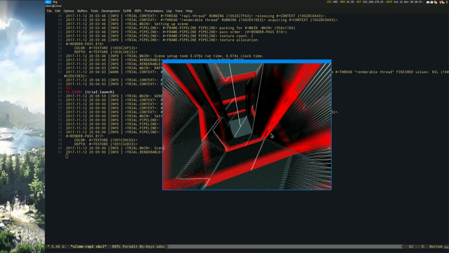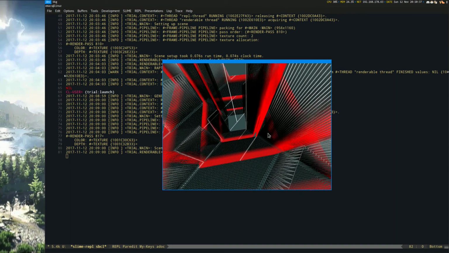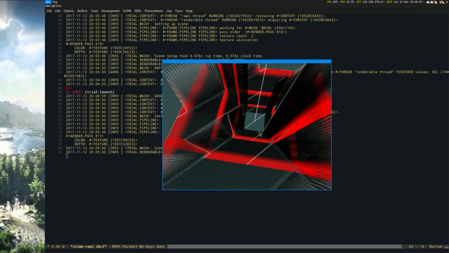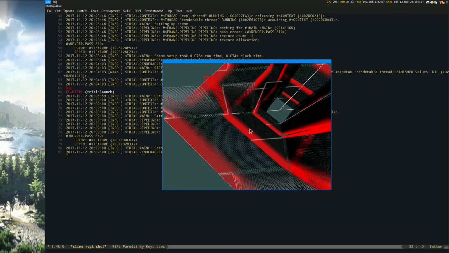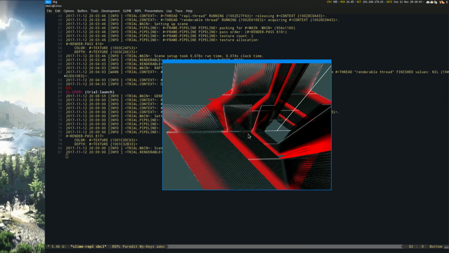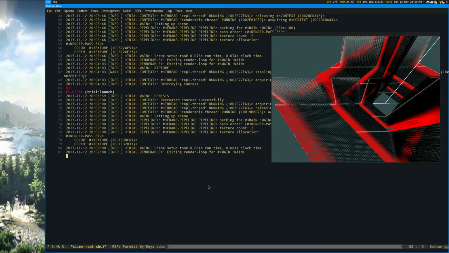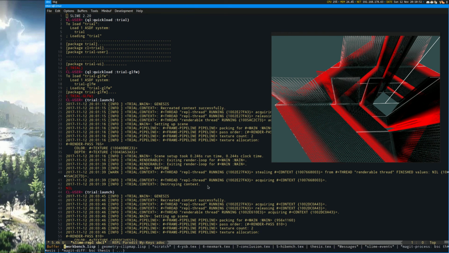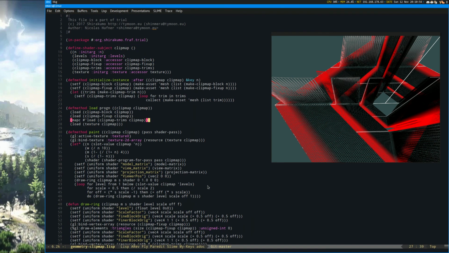This is what we observed last time as well. I think the first ring was working sort of right, and the innermost one was not. So... Alright. Oh boy.